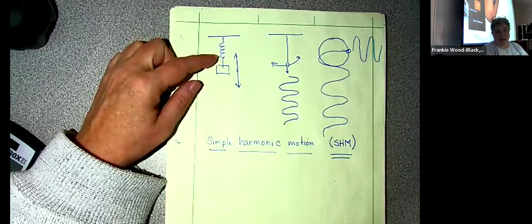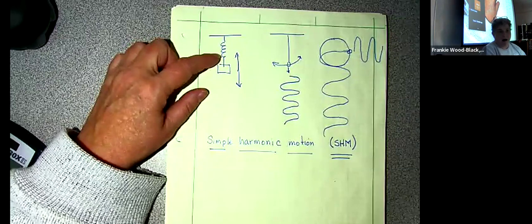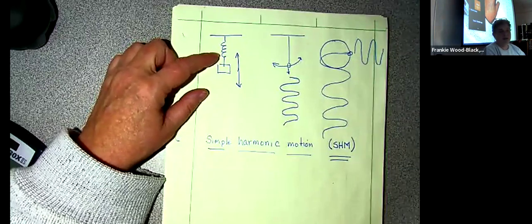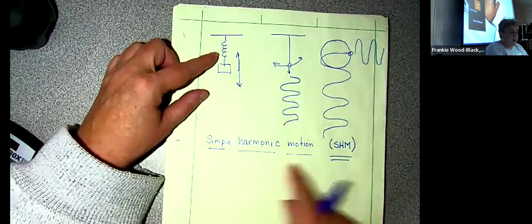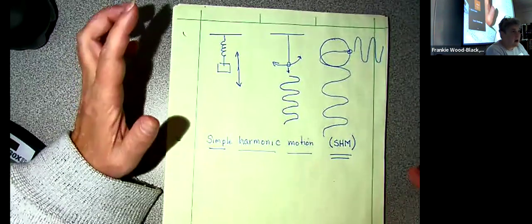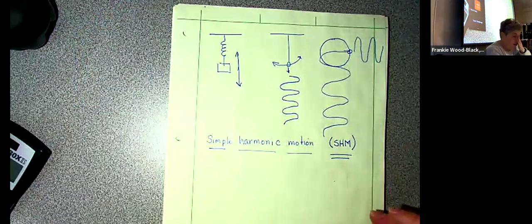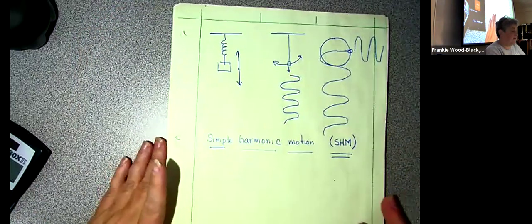This spring representation works out really well, because we can represent bonds in chemistry as springs, and they're going to be in simple harmonic motion. So simple harmonic motion is all around us, totally all around us, but that gives you some interesting things to think about.